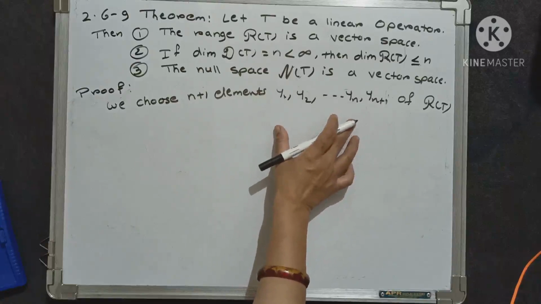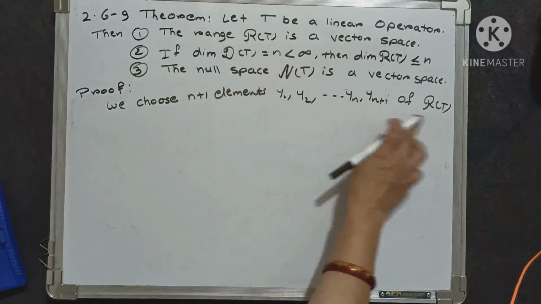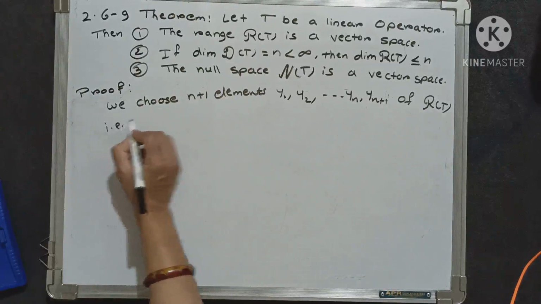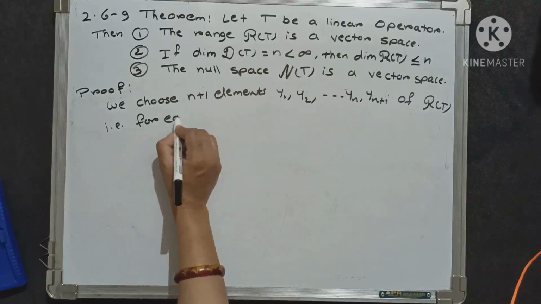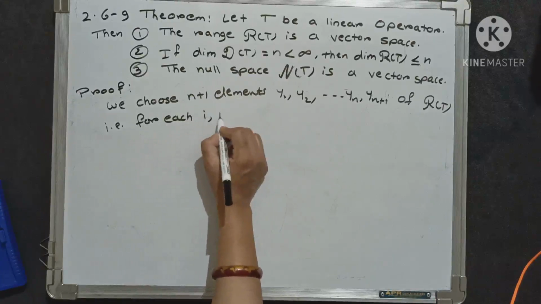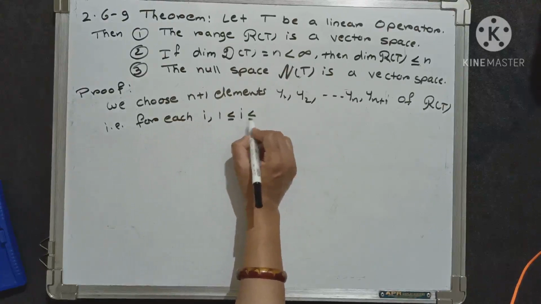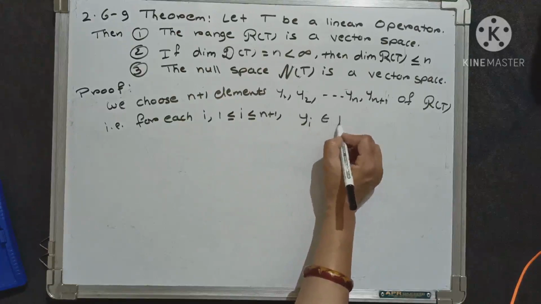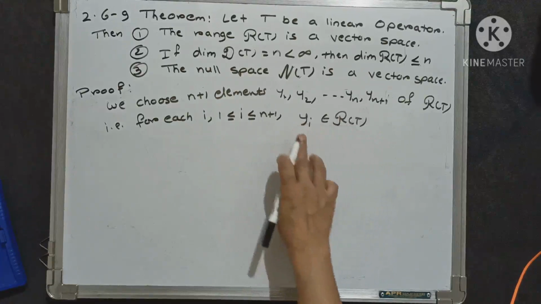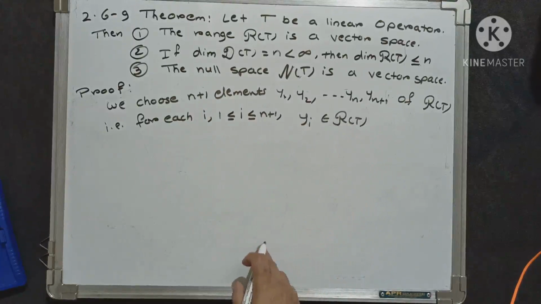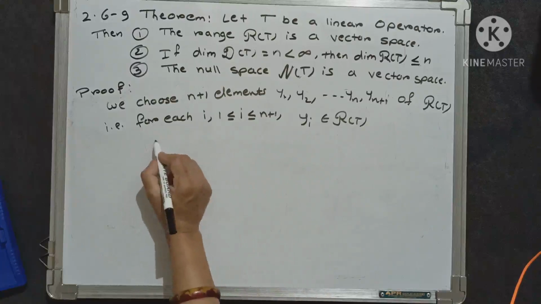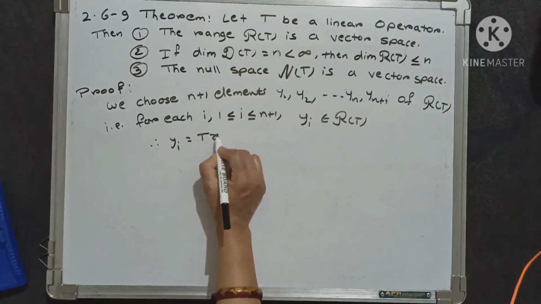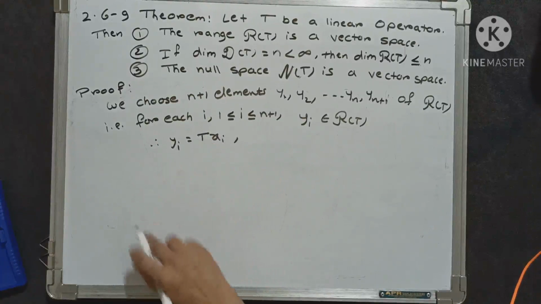That means for each i, 1 less than or equal to i less than or equal to n plus 1, each yi is an element of the range set, and therefore each yi is the image of some element of the domain.